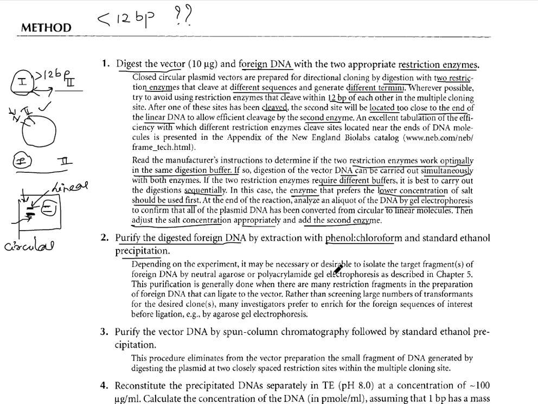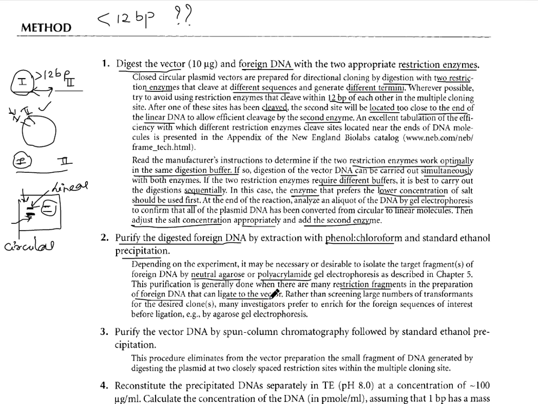Okay, so it is necessary to isolate the target fragments by neutral agarose or polyacrylamide gel electrophoresis. And this purification is done when there are many restriction fragments in the preparation of foreign DNA that can ligate to the vector.